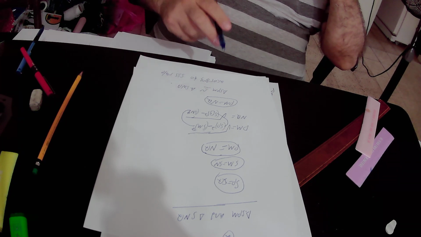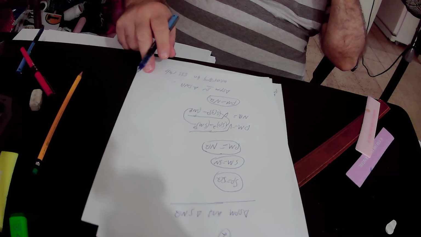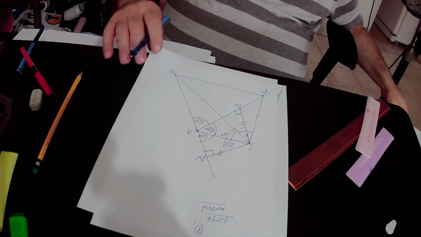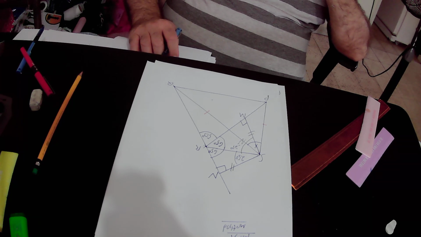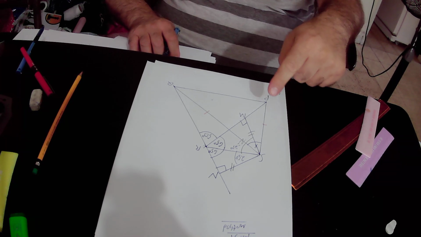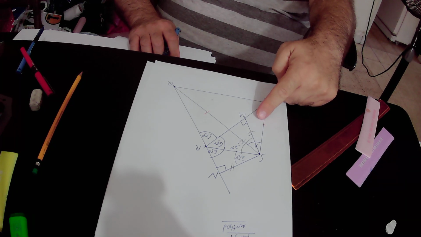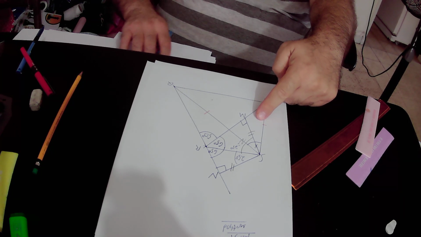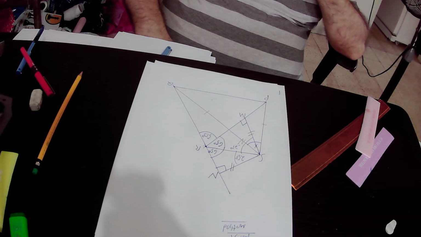Okay, this right triangle SPM is congruent to triangle SNQ according to the side rule.